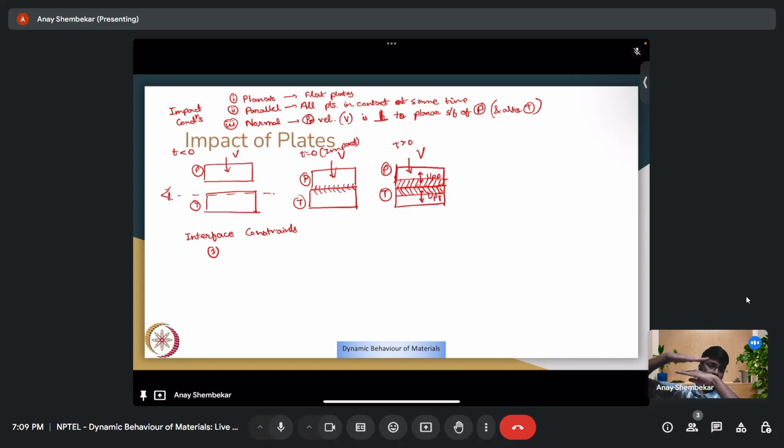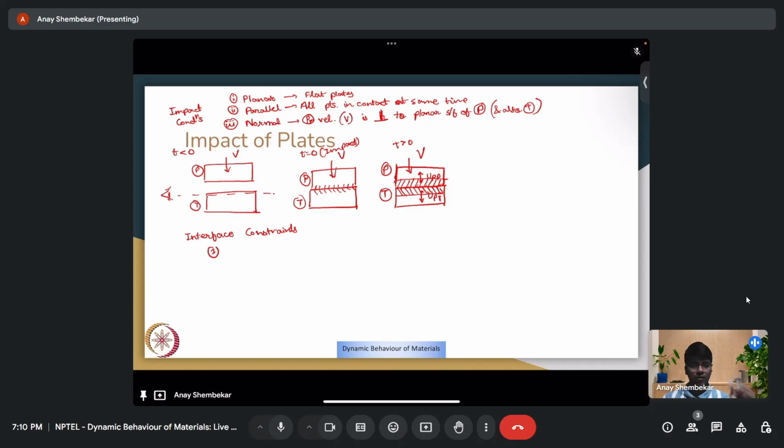If the target moves with a higher velocity at the impact surface, you will see the target and projectile starting to separate slowly. Whereas if the other way around, if the projectile's impact surface has a higher speed compared to the target surface, we'll see the projectile material start indenting into the target surface.